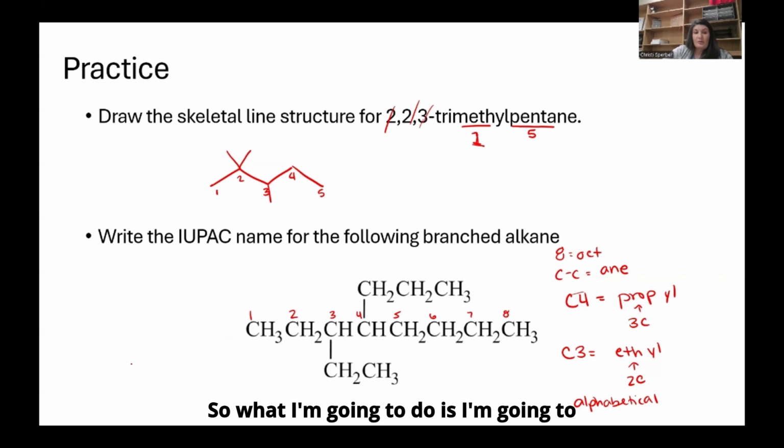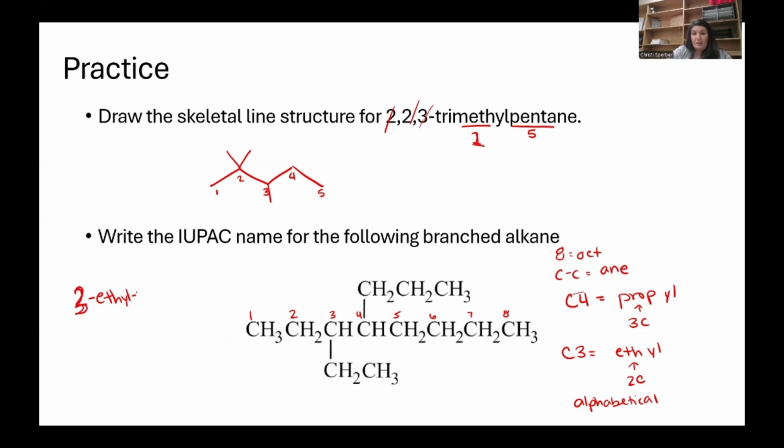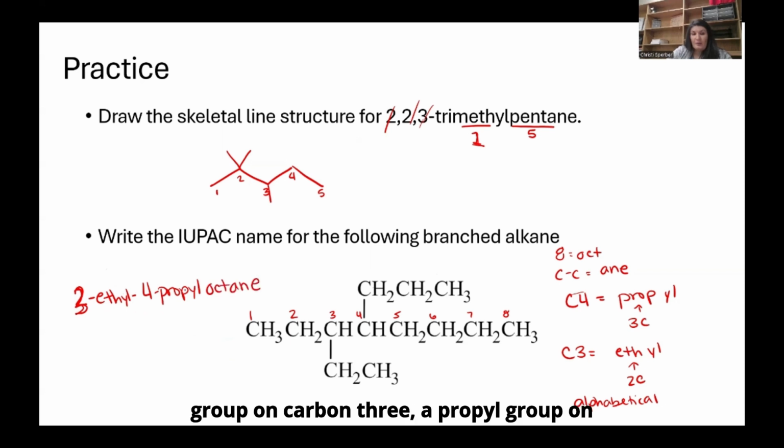So what I'm going to do is I'm going to write 3-ethyl, 4-propyl, octane. So there's an ethyl group on carbon 3, a propyl group on carbon 4 with a chain of 8.